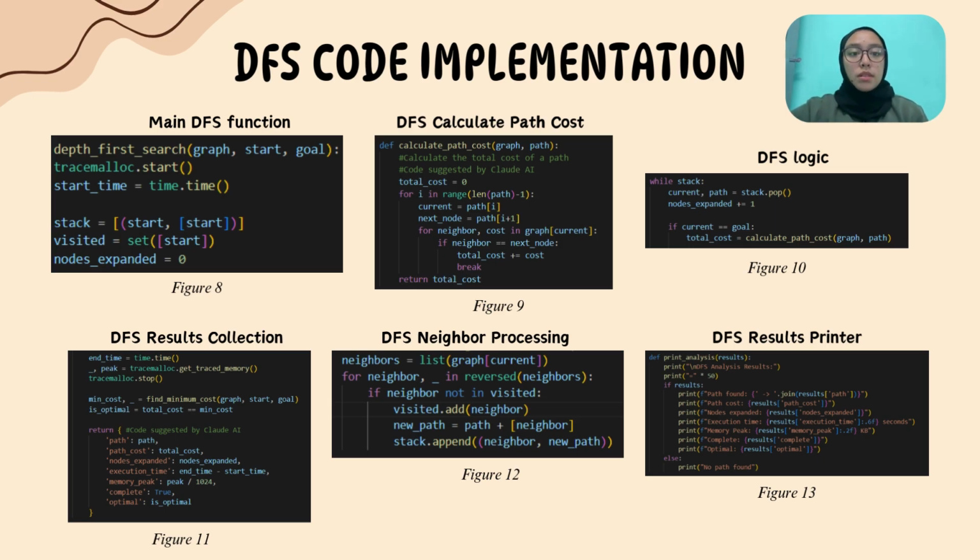And why do we use reverse? It is because the stack is a last in, first out structure, and without reverse it would process C first before B. Coincidentally, when we look at the graph structure, we notice that if we do the reverse operation, the algorithm will return the cost path of 5, which is optimal compared to the Dijkstra algorithm.